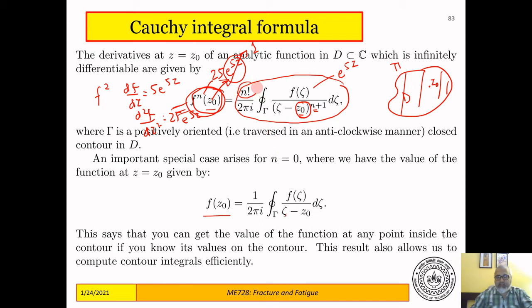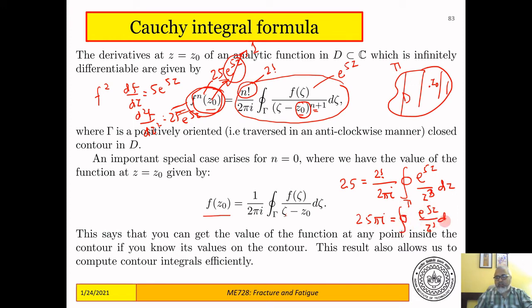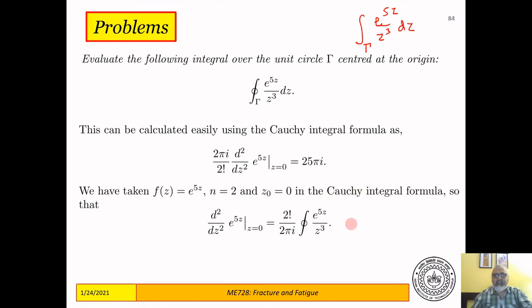And this is 2 factorial, so I have 25 equal to 2 factorial by 2 pi i times the integral over gamma of e to the power 5z divided by z cubed dz. This is what I am supposed to evaluate. Then I have 25 pi i equal to the integral of e to the power 5z by z cubed dz. So this integral has a value of 25 pi i.